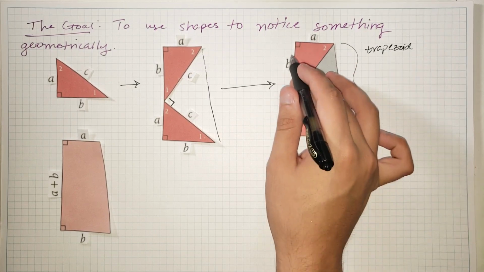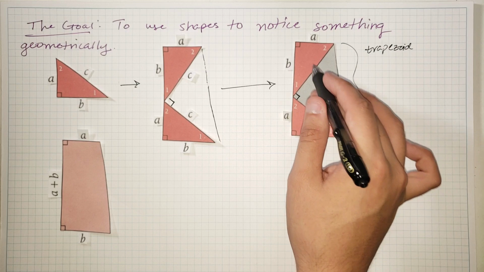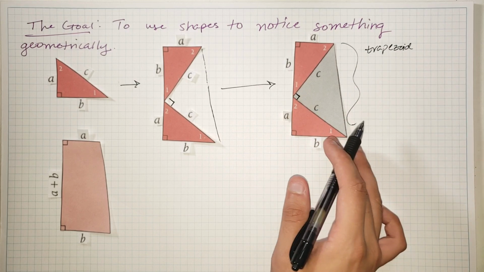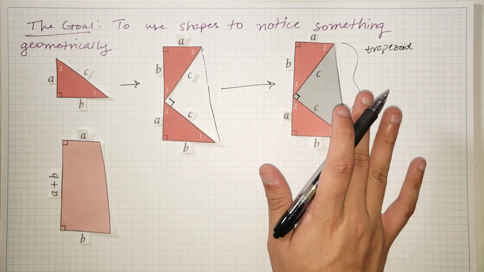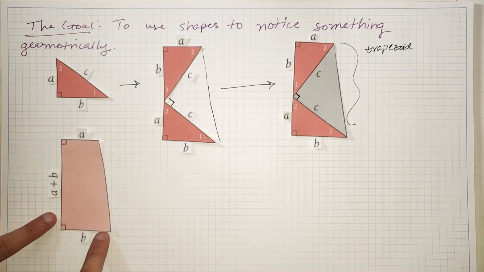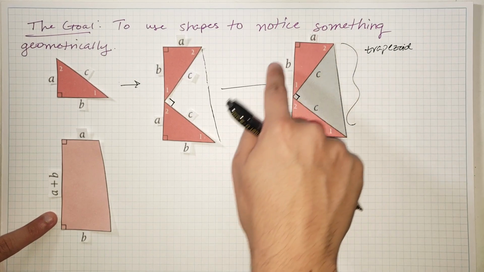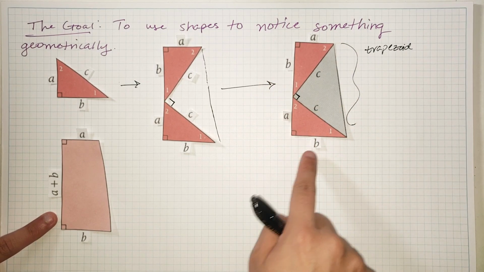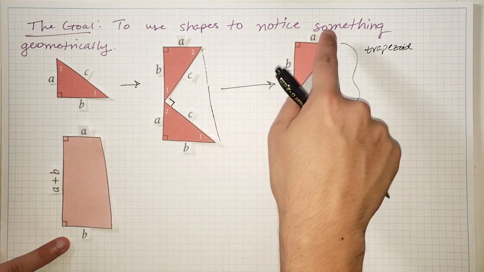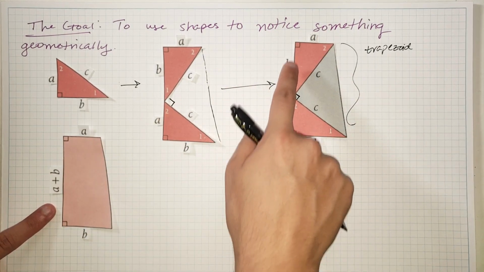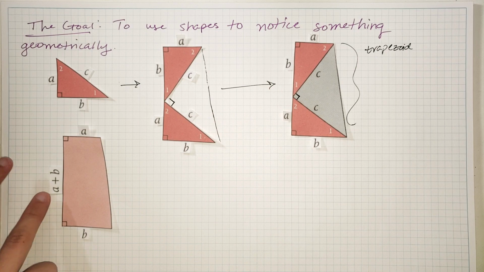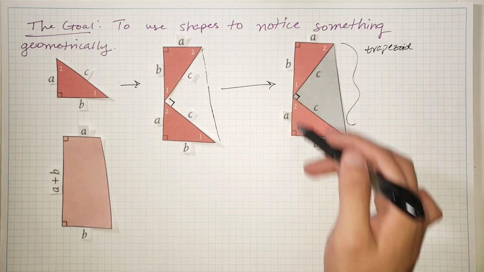Instead of writing A and B and using all these triangles, we said, let's forget about the triangles for a second and look at one solid figure with the same dimensions. This is still B, that's still A, and instead of A and B separately, we're just going to do A plus B, because that's what it is.